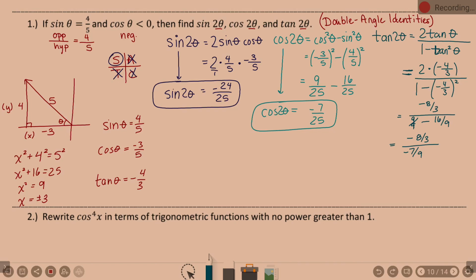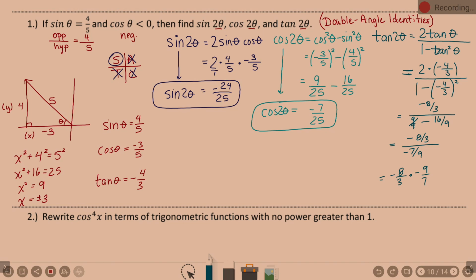And now what? Multiply. You're dividing fractions, so we're going to multiply by the reciprocal, or whatever little shortcut you use, right? So I'm going to keep the negative 8/3, change division to multiplication, and flip. Negative 7/9 becomes negative 9/7.